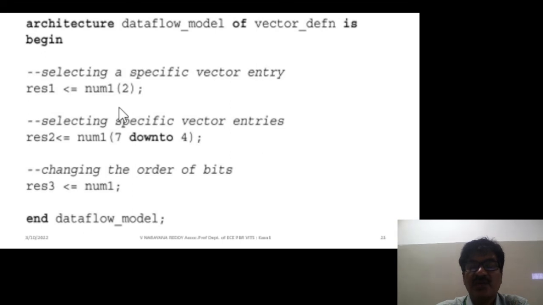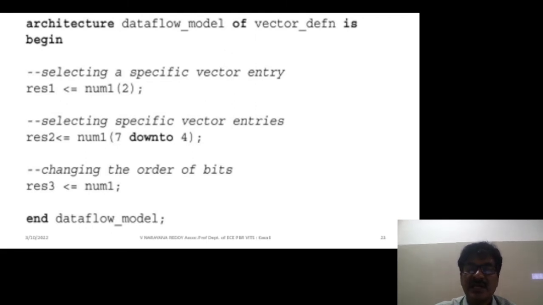Location 2, or position 2, second bit position. In the second bit position whatever the value is there, that value is assigned to register 1. Coming to register 2, it is assigned with num1(7 down to 4), that is the MSB 4 bits. MSB 4 bits are assigned to register 2. Whereas register 3 equal to num1, register 3 equal to num1.